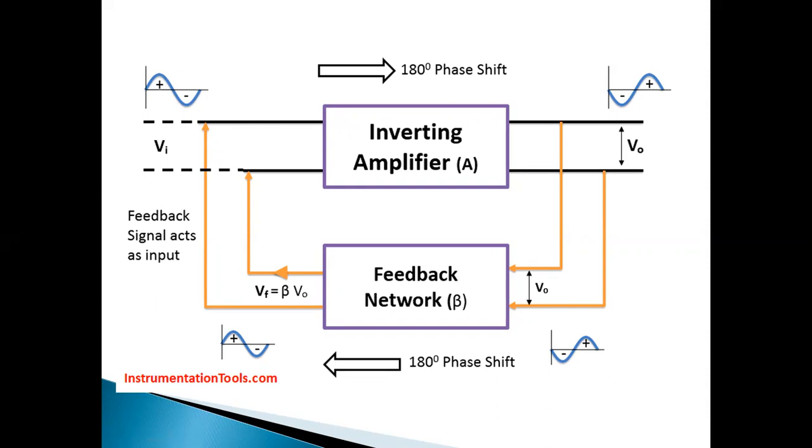That means 180 degrees phase shift is provided by the basic amplifier, and the feedback network provides the remaining 180 degrees phase shift. Totally we get 360 degrees phase shift from input to output. That is one of the conditions in the Barkhausen criteria.